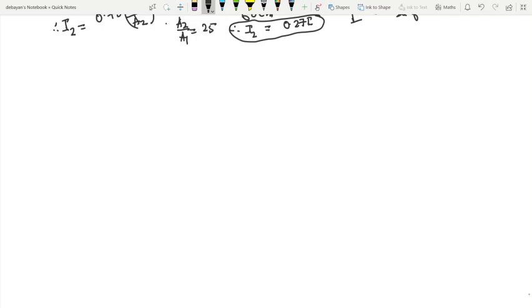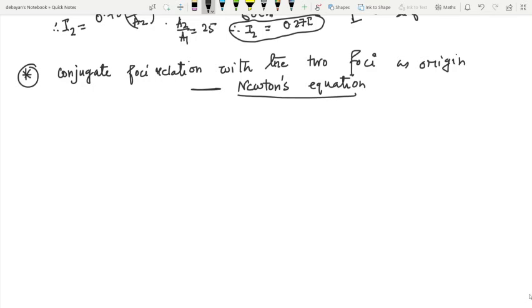Then we saw that we will get the lens maker formula. Here we have to think of the origin, and you can say this is nothing but Newton's equation. That is nothing but Newton's equation. What I am saying is the conjugate focus relation for a thin lens, taking the optical center as origin.